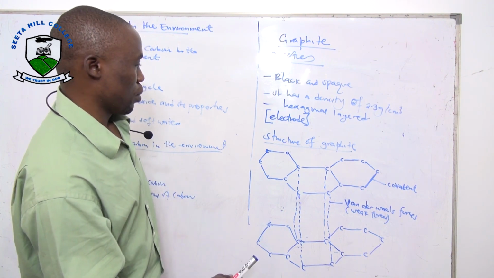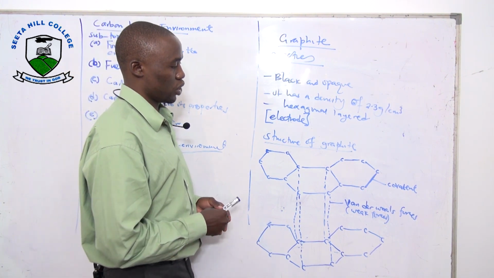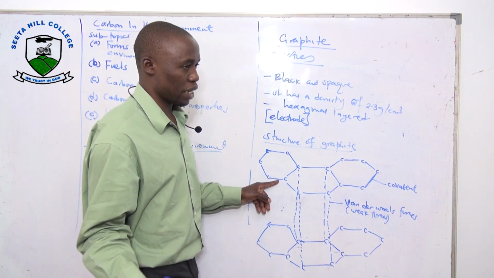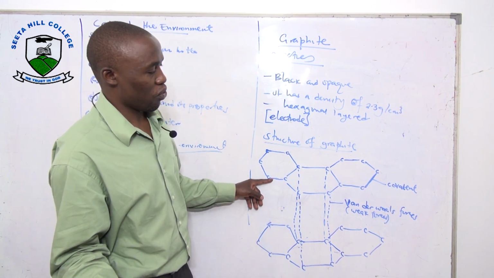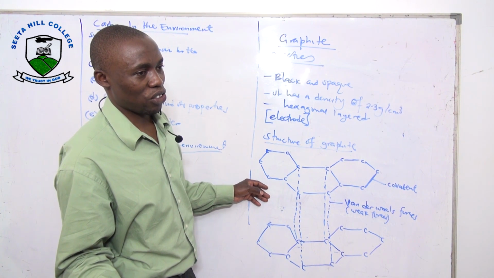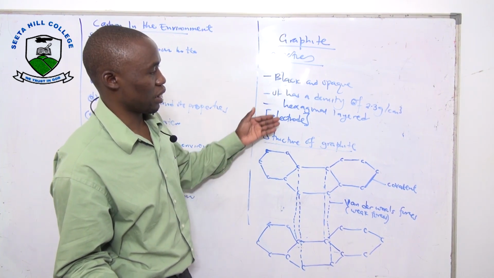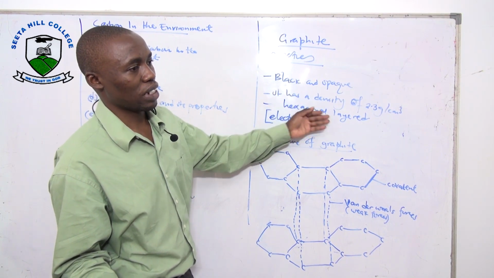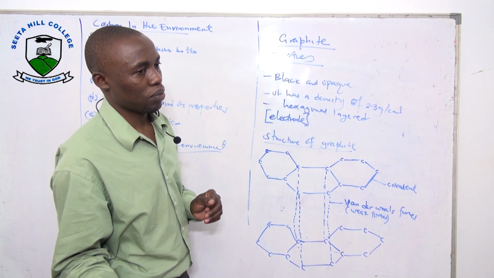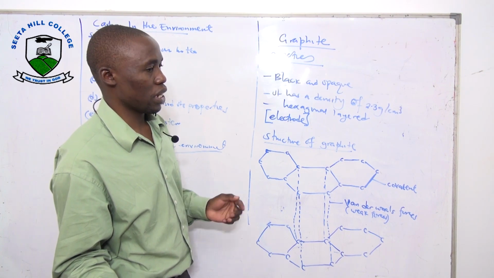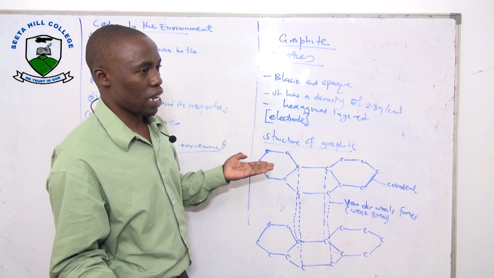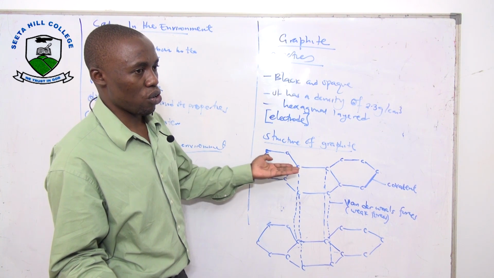That means in the description of the structure of graphite, if I ask you to narrate a story on the structure, you would say graphite consists of a hexagonal layered structure. Then you proceed to say, in each layer there are hexagonal rings.